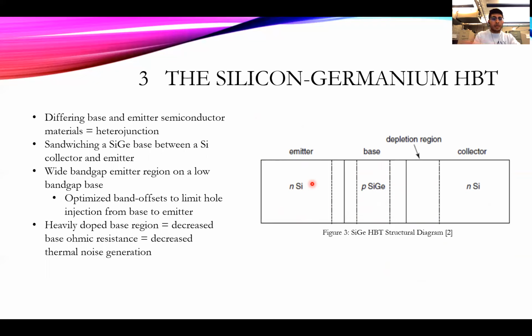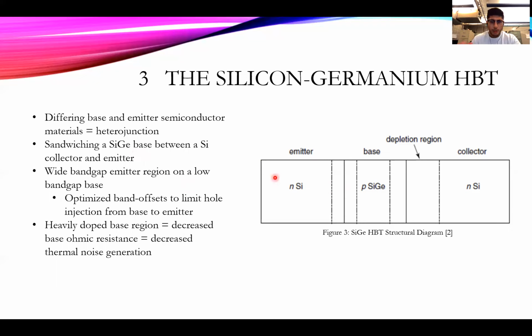What this heterojunction allows us to do is a number of things. But essentially, when we evaluate the band diagram, it really helps us with band offsetting to help with current injection, electron injection specifically.